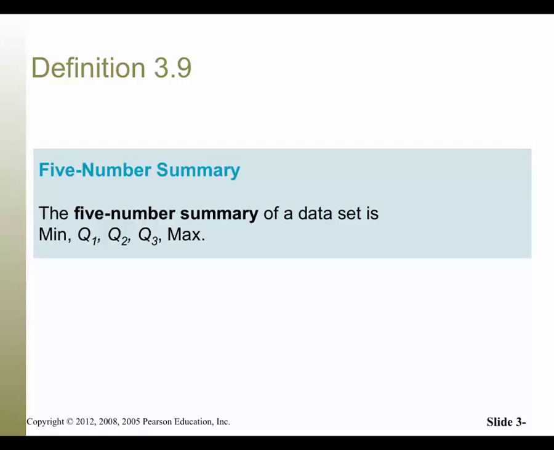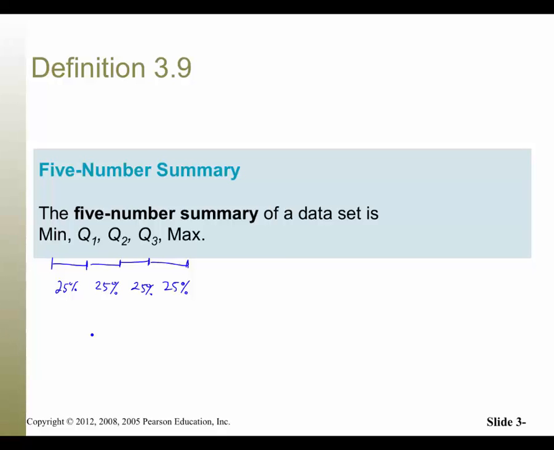Okay, so here's the 5-number summary. From the min, you think about this. 25% of the data falls between each one of these pairs of things.